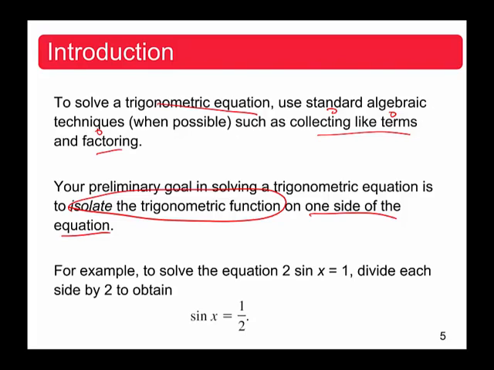After that, solve for the trigonometric function. For example, if you have 2 sine x equal to 1, you want to isolate sine x by dividing both sides of the equation by 2. Then you get sine x equal to half. Now you can analyze x to get the general solution.